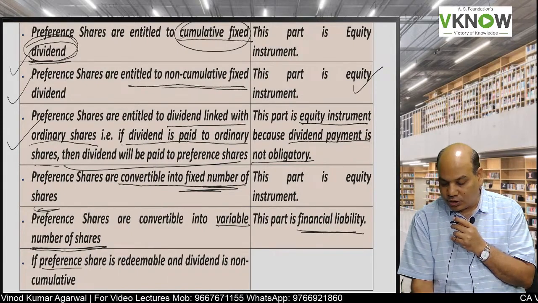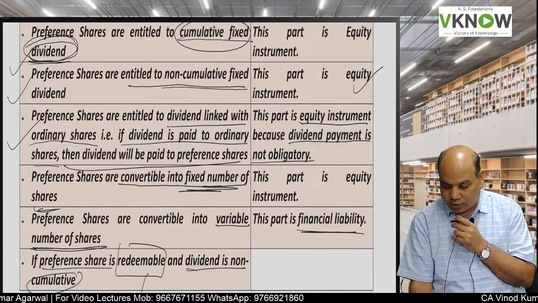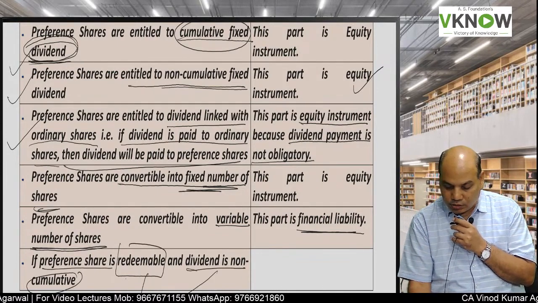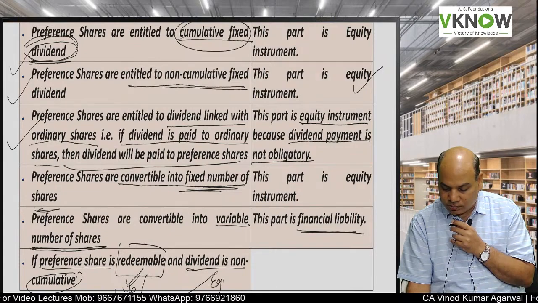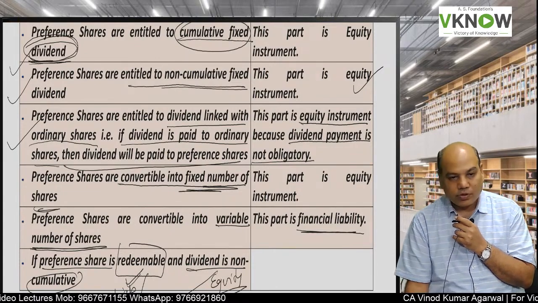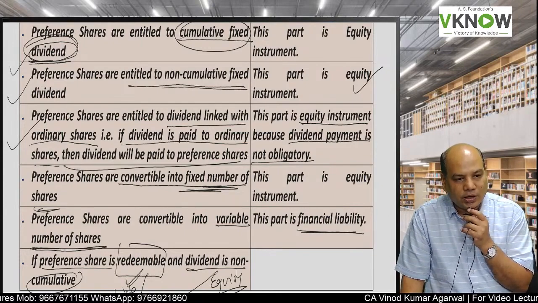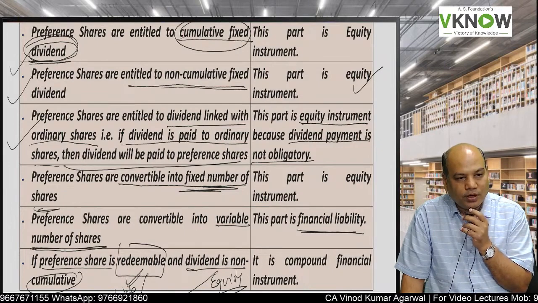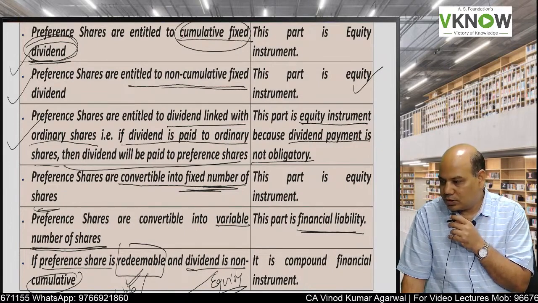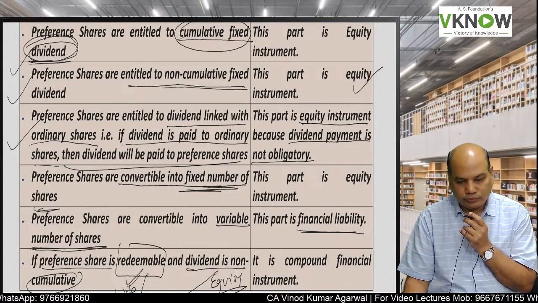If preference share is redeemable and dividend is non-cumulative, so this part is liability and this part is equity. So an instrument which has both the features of equity and liability is called a compound financial instrument.